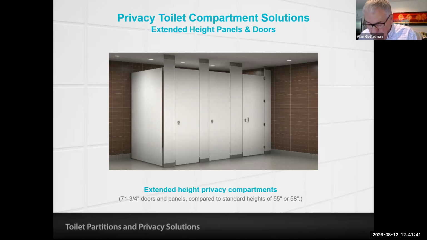Metal, stainless steel, high pressure laminate, compact laminate, and solid color reinforced composite partitions are typically 58 inches high. High density polyethylene partition doors and panels are typically 55 inches high. Therefore, the maximum height compartments can add as much as an additional 17 inches to the standard door height.